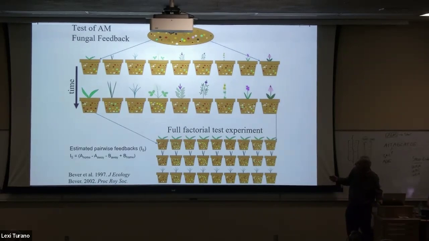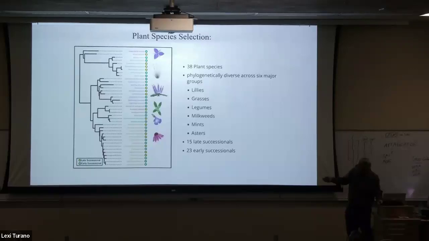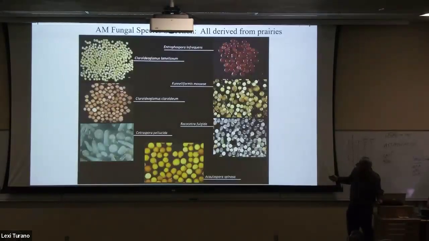We started with 38 different plants, phylogenetically diverse groups, and a range of life histories from early and late successional life histories. And we started them with these 7 mycorrhizal fungi, which we've characterized. These are the same 7 that I showed you in that first figure. So we know a lot about how the plants respond to these 7 mycorrhizal fungi. They're all from prairies in the Illinois, Indiana area.